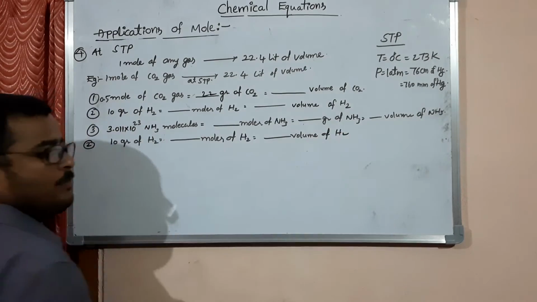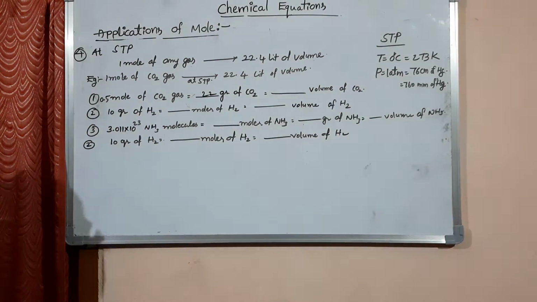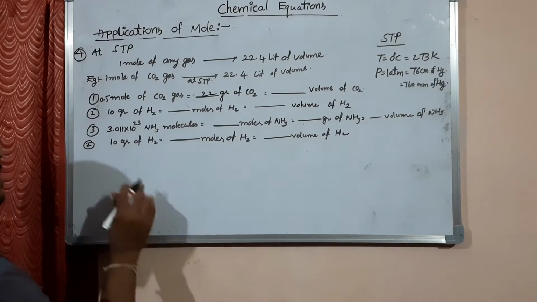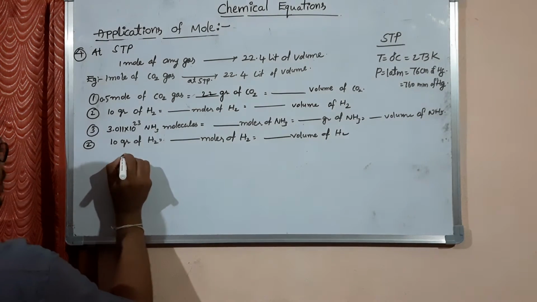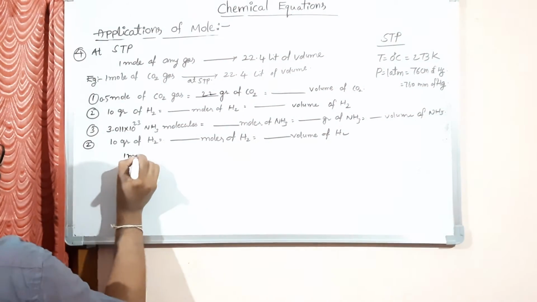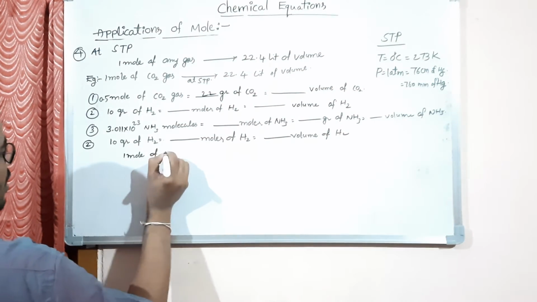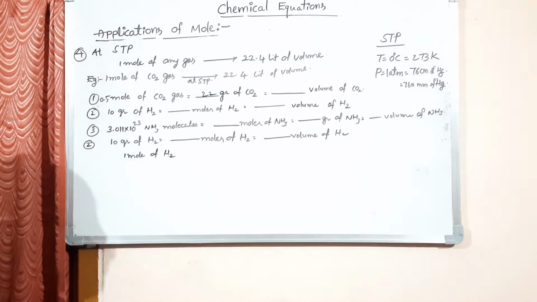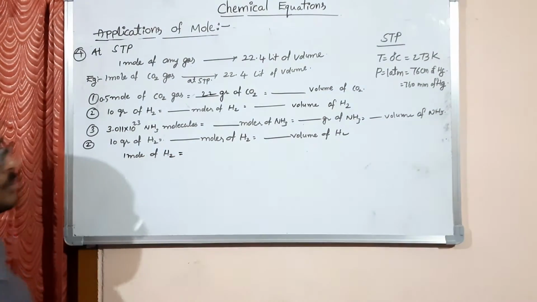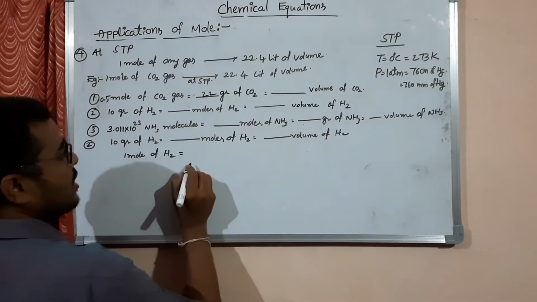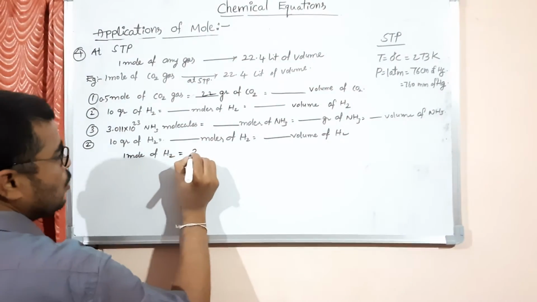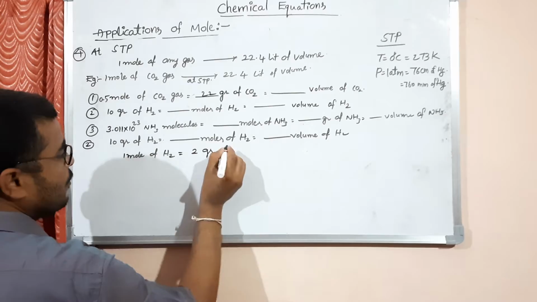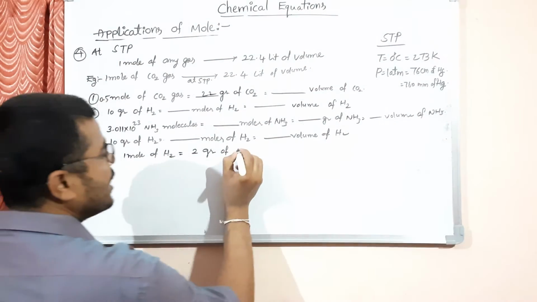See here, the first step when solving these problems, first of all we have to write the basic data. What is the basic data? 1 mole of hydrogen molecule is equal to how many grams of hydrogen molecules? 2 into 1, 2 grams of hydrogen molecule.